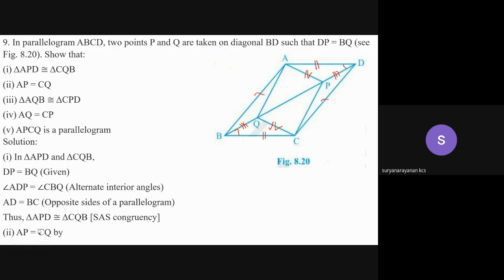We use this result later. I wrote AP is equal to CQ by CPCT as triangle APD is congruent to triangle CQB. I have shown this result in the figure also. Okay, my children. AP and CQ are equal.